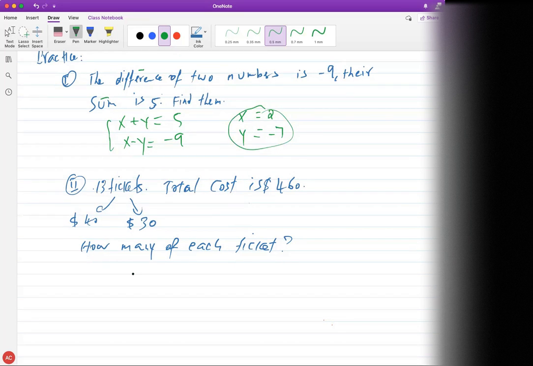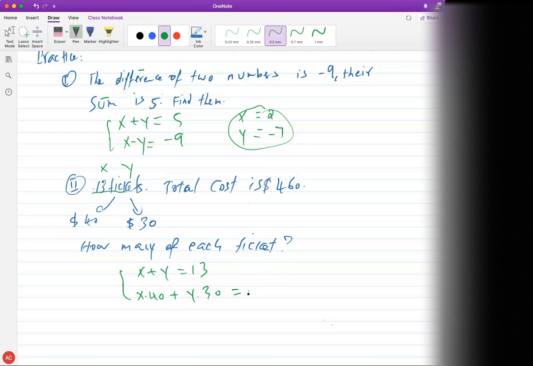Let's start with the equations first. What is the first equation? So we have two types of tickets, x and y. 13 of them, so x plus y is 13. Then the total is 460. We get that total by multiplying x by 40. x tickets cost 40 plus y tickets cost 30.